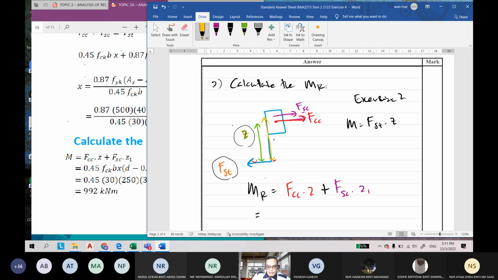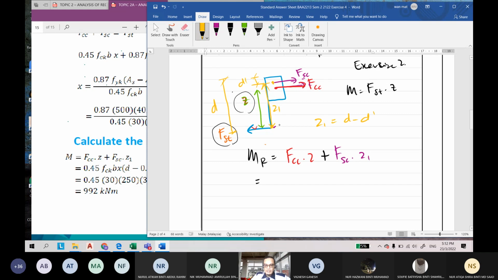From here to here is D, and here to here is D prime. So Z1 is equal to D minus D prime, because we want the distance from the center of steel for compression to the center of steel for tension.